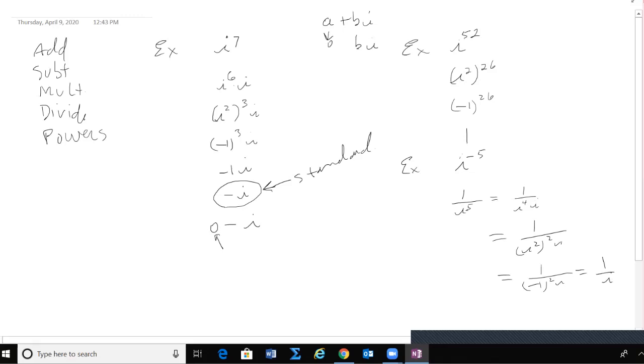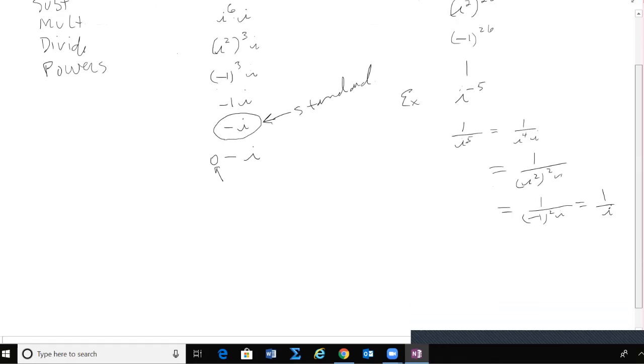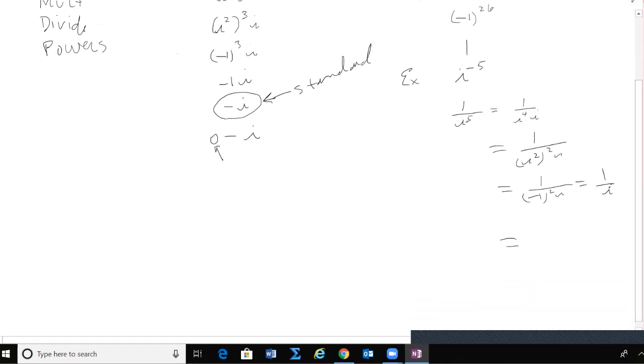Okay, so we're getting closer, right? And it's still not good enough. But now I remember how to get rid of an i. I'll multiply one more time. I'll do this, i, like that. Now technically I could use the conjugate, which is a negative i.